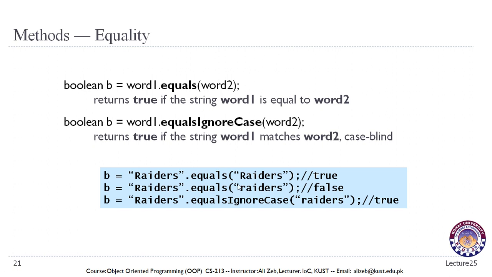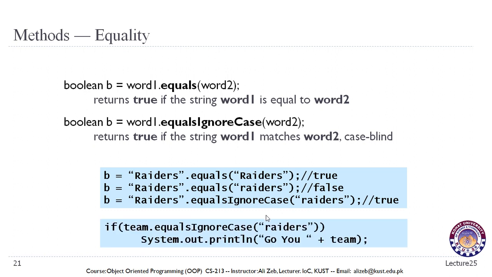Readers equals readers should return true. Readers equals Readers should return false, since the case of these two strings is not the same. Readers equalsIgnoreCase with different cases will return true, since we are ignoring the case of this string.